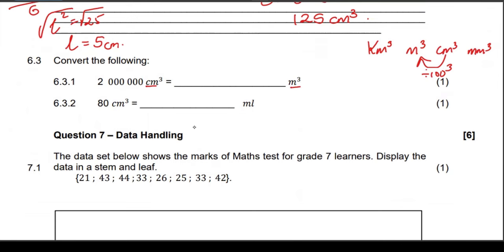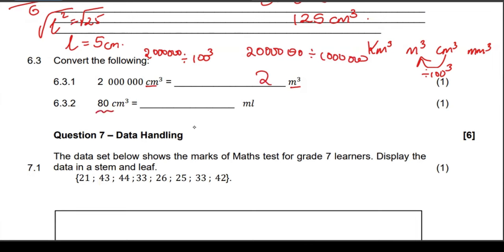So 2 million divided by 100 cubed, which is 100 times 100 times 100. It's 2 million, divided by 1 million. The answer becomes just 2 meters cubed.